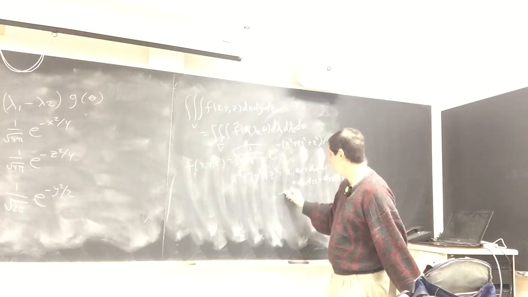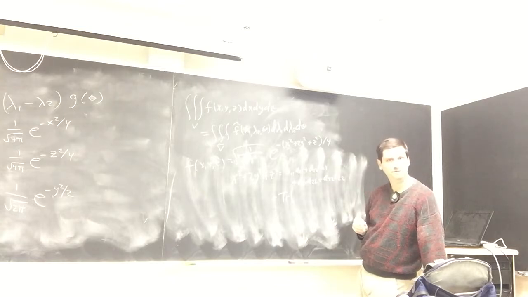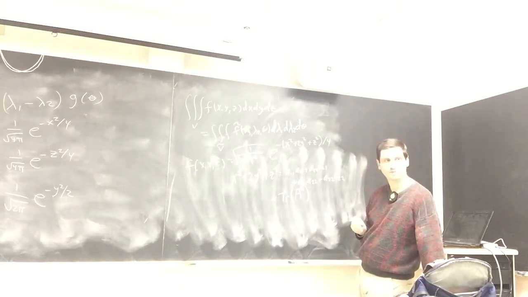But the trace of what matrix? The trace not of A, but given that it's quadratic, what would you guess? A squared. So if you actually just do the calculation for the trace of A squared, what do we know about the trace of A squared?